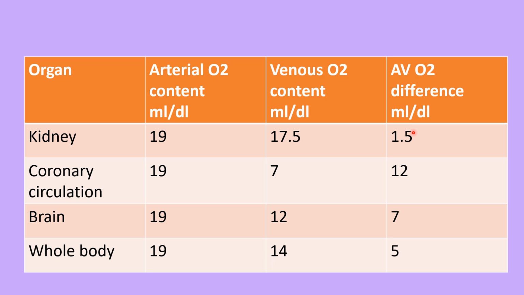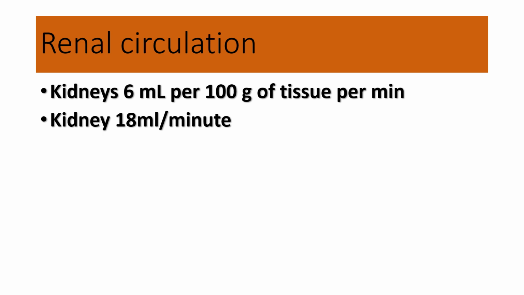The oxygen consumption of the kidney is 6 ml per 100 gram per minute, or 80 ml per minute.